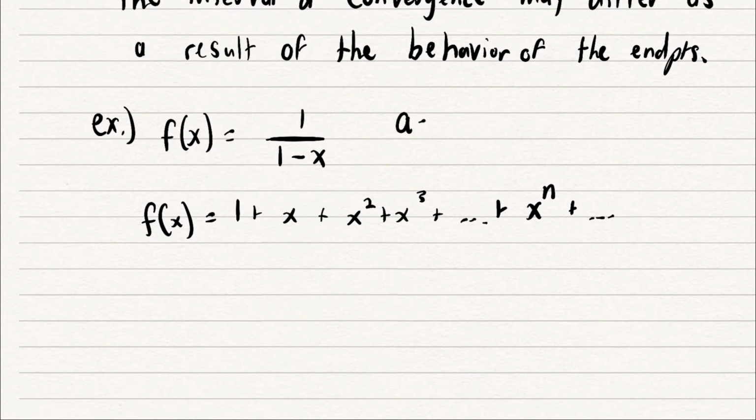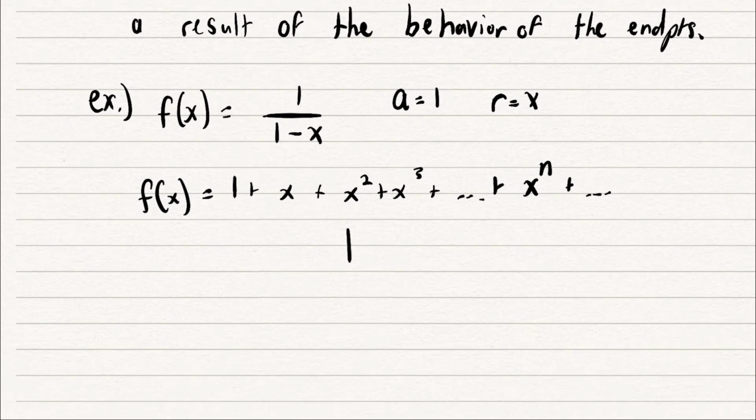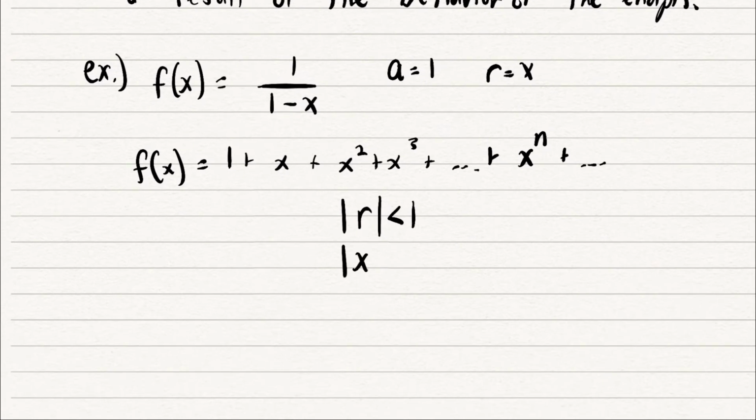Now, since we know that this is a geometric series, we can think of a as equal to 1 and r as equal to x, and we know that a geometric series can only be convergent when the absolute value of r is less than 1. So I'm just going to replace r with x, so the absolute value of x is less than 1, so negative 1 is less than x, which is less than 1.